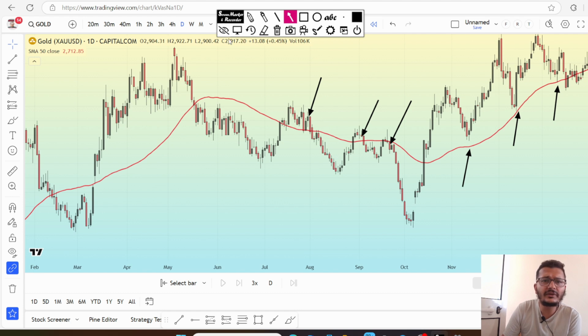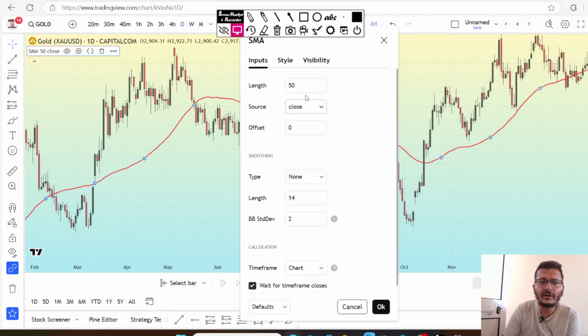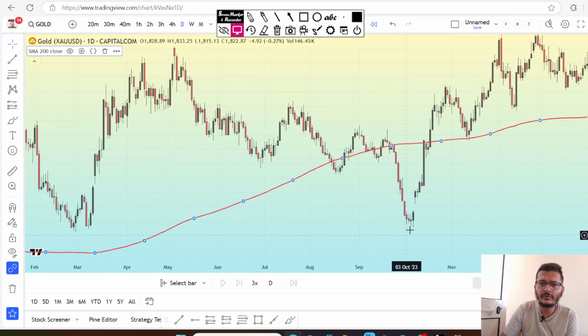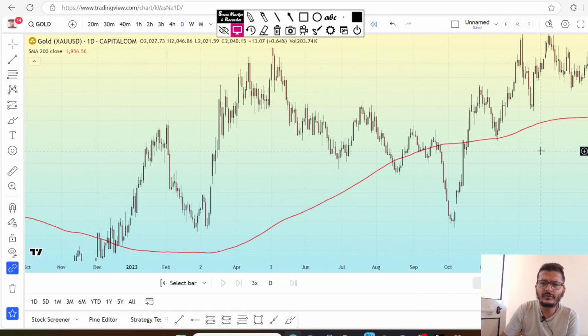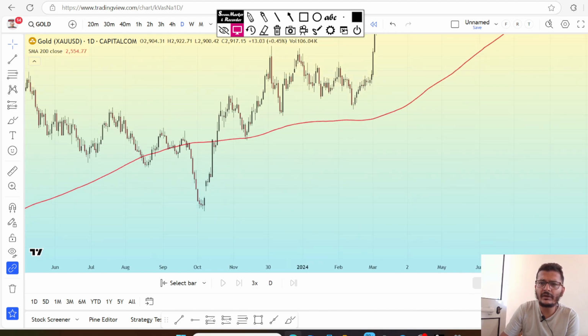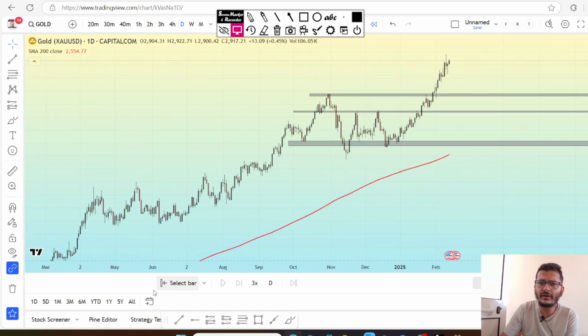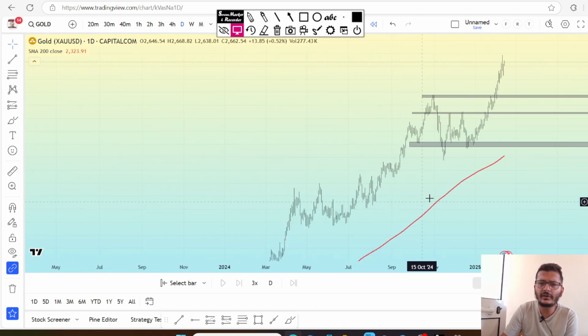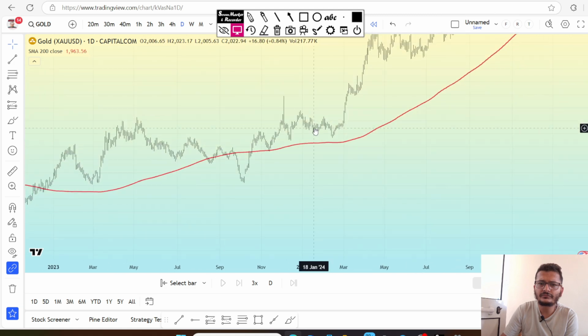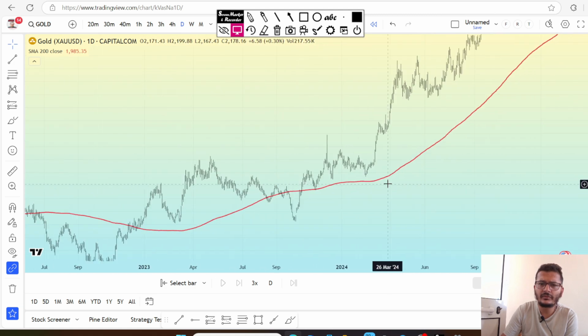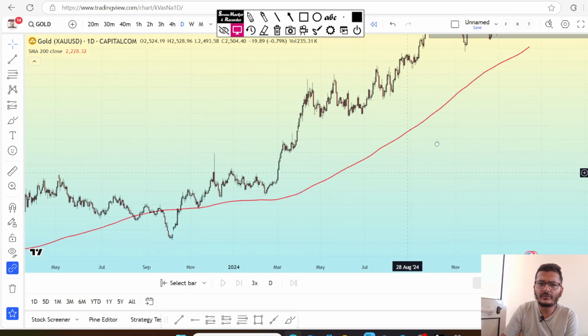I'm just giving the example of the 50 moving average. But if you try other moving averages also, you will get the same result. For example, I will change this to 200. If you make this moving average 200 in gold, look here, it's rising.